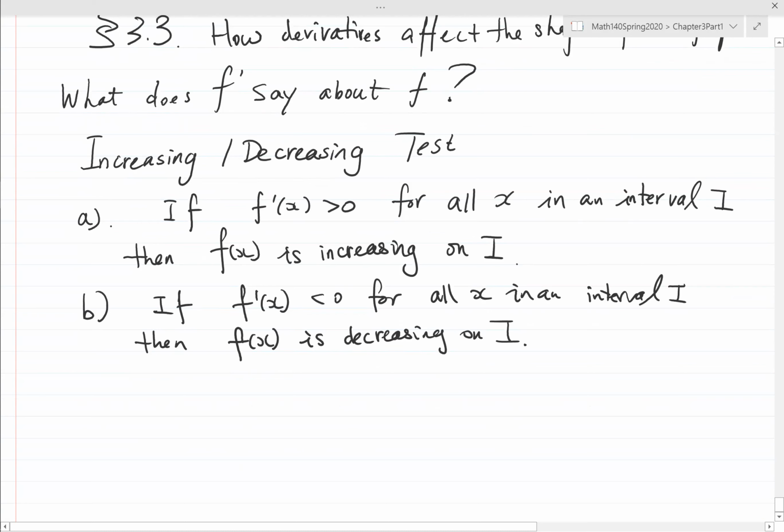Now let's prove it. Suppose we take two points x1, x2 from a to b.